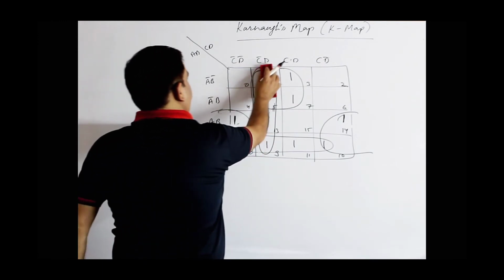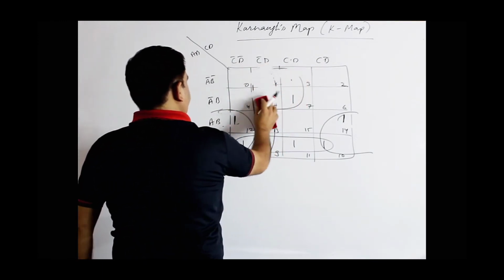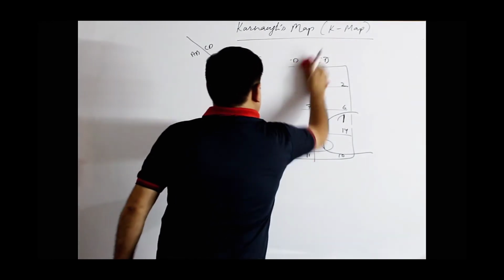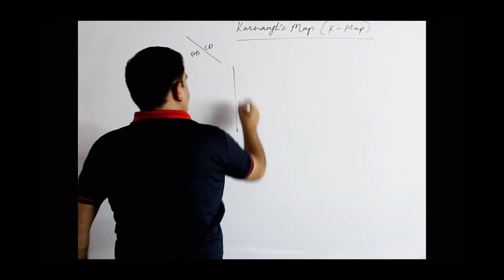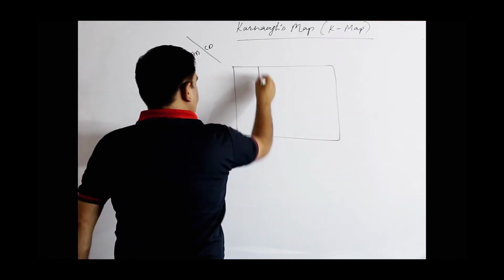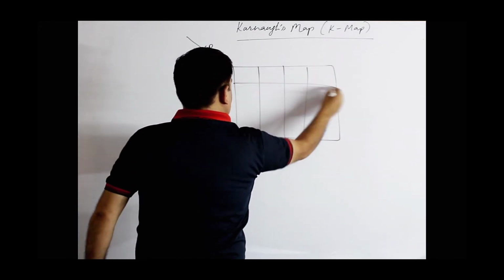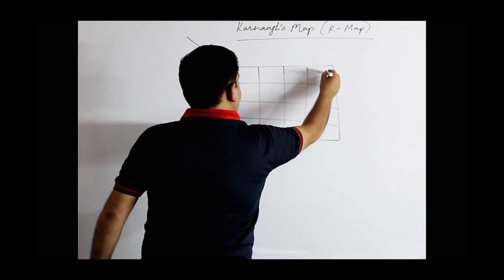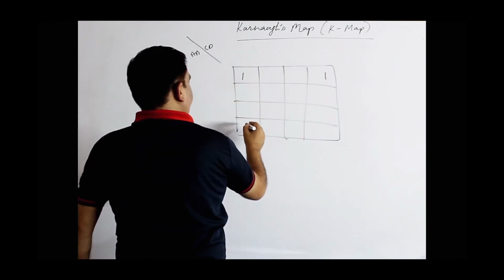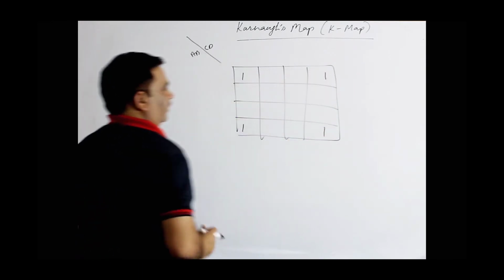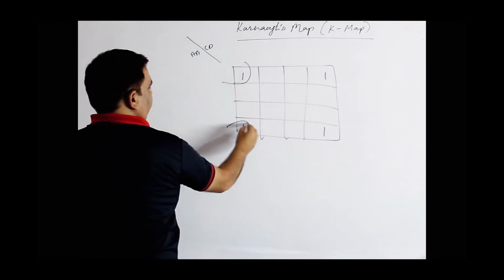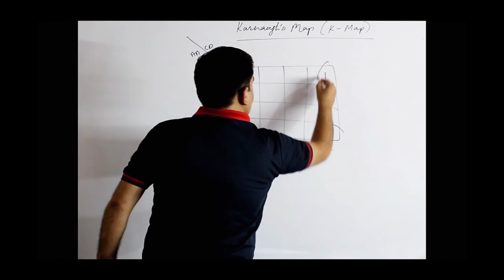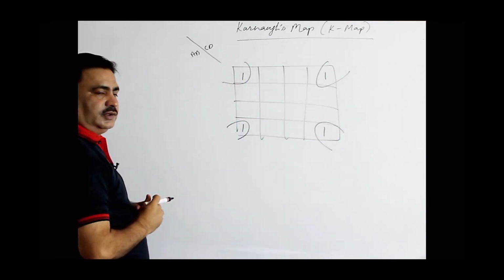One more example of the same type, just to make you understand. If a K-map contains 1 1 1 1 at all the corners, then you can form a quad this way also.